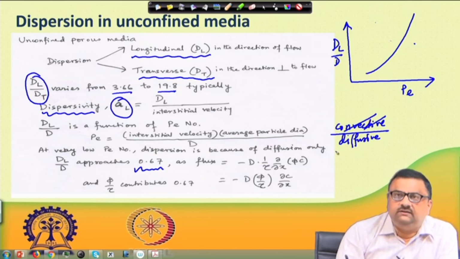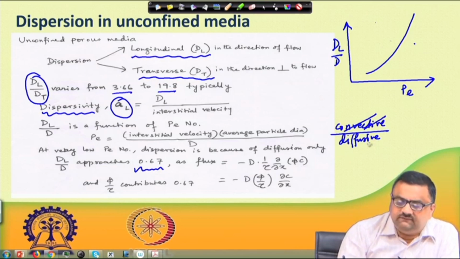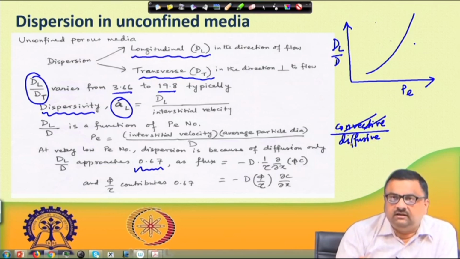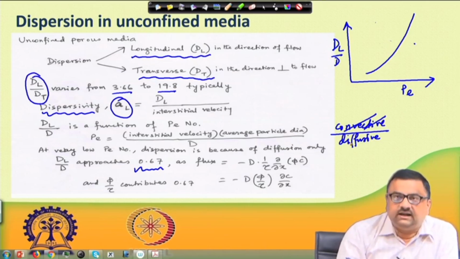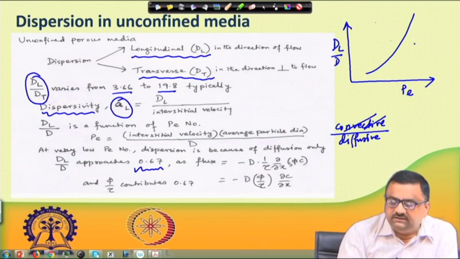So, it is completely diffusion, this transport is diffusion controlled. So, any movement in the longitudinal direction is basically arising from diffusion, and so it will follow a minus D del C del x type form.